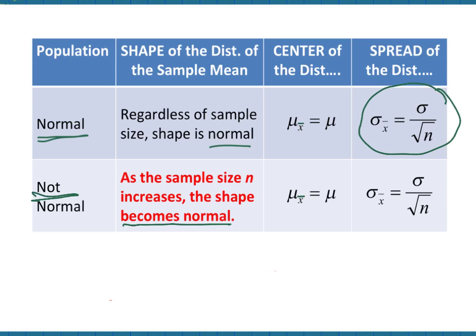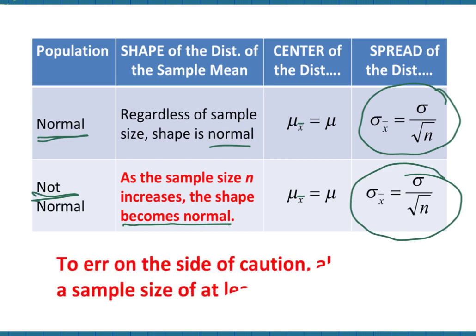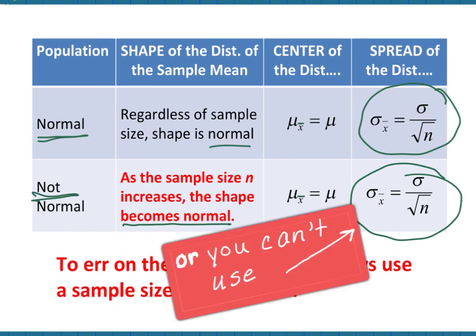And the spread of the distribution of the sample mean can be represented by that formula if we have a large enough sample size. In fact, to err on the side of caution, you should always use a sample size of at least 30. If you don't have a sample size of at least 30, you can't use that formula. It is not reliable.